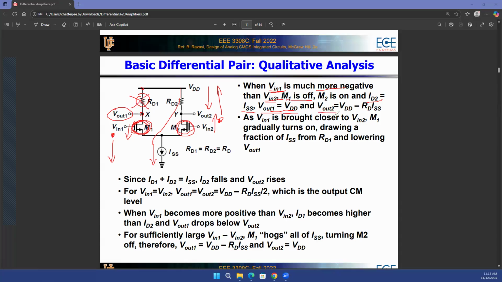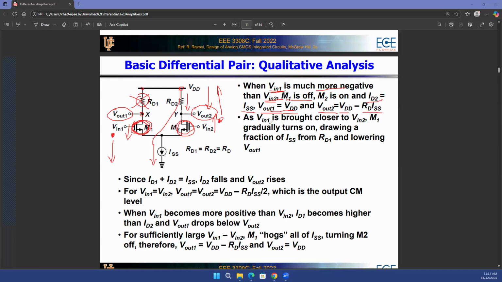How much will be Vout2? Vout2 is the output in the second branch, the right side branch. That is going to be VDD minus RD times ISS. That's just Ohm's law. You have VDD voltage here, you have ISS amount of current flowing through the right side branch. So ISS times RD2 is the drop across RD2. You subtract that from VDD, you get Vout2.